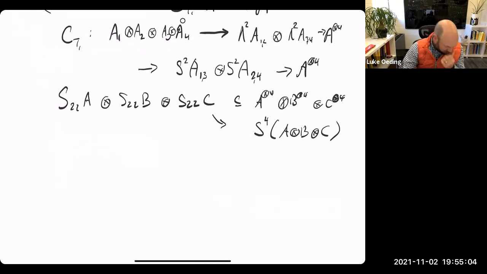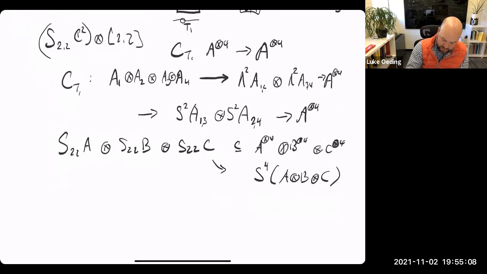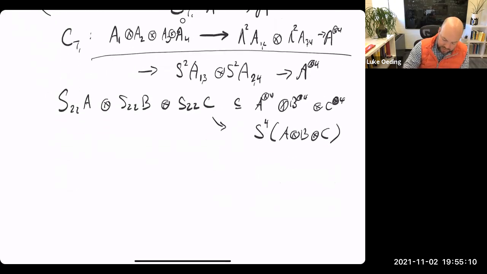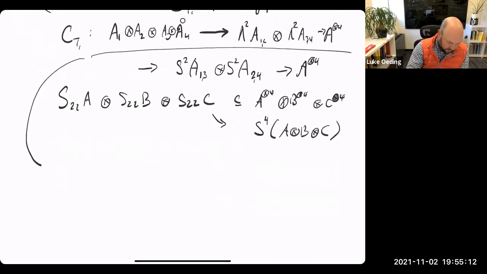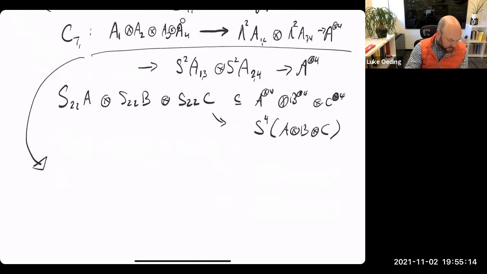Okay, so let's just write down quickly what the result of this initial part was. This is all spelled out even more carefully in the notes, but just for the discussion, this is B T1 from before. So B T1, I can feed it A1 tensor A2 tensor A3 tensor A4.